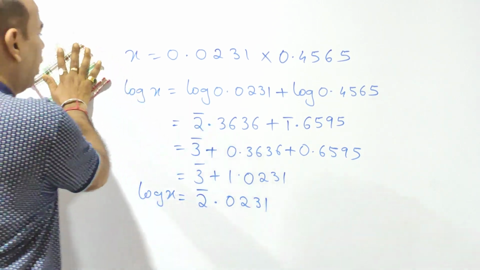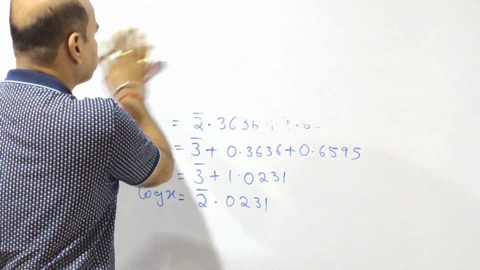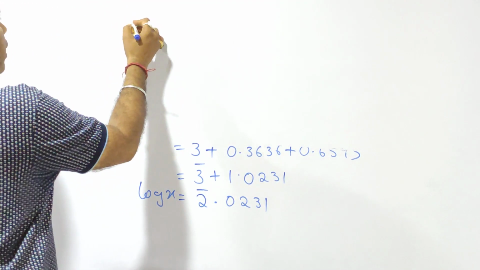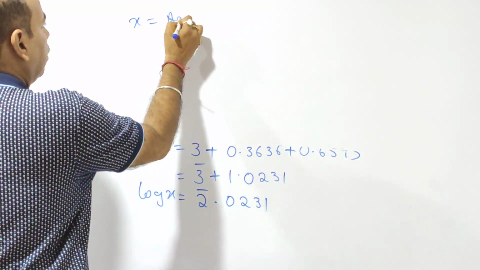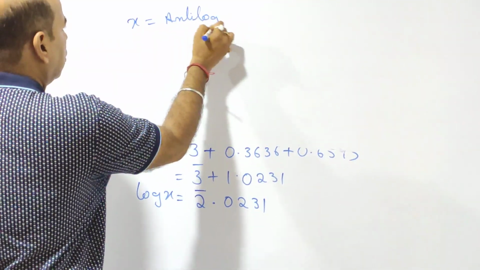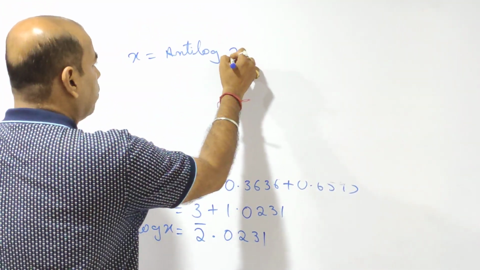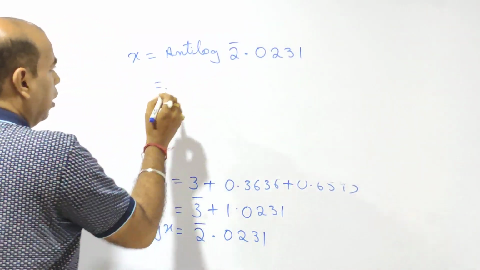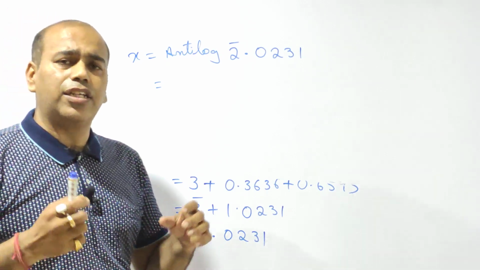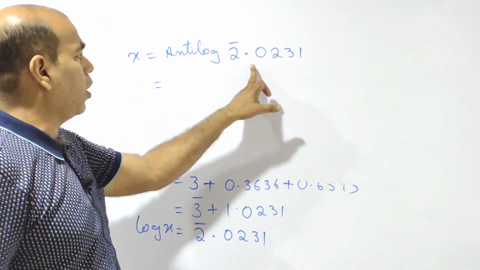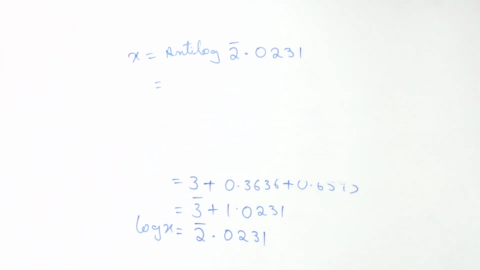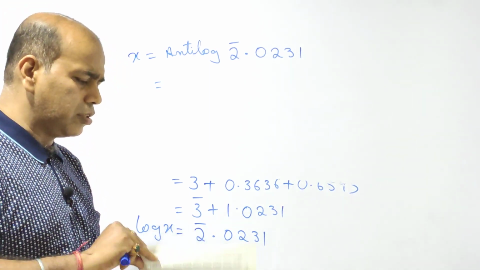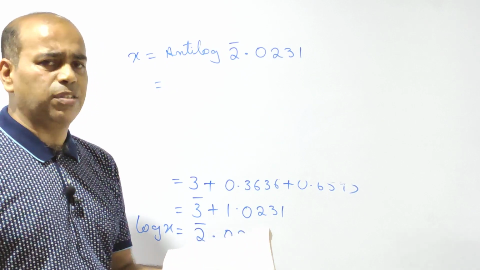Now what will I do? Same way I will go for antilogarithm. x equals antilog 2 bar 0.0231. Now I already mentioned that in antilogarithm we always go from the decimal. If I check any antilogarithm table, you see that it starts with the decimal.